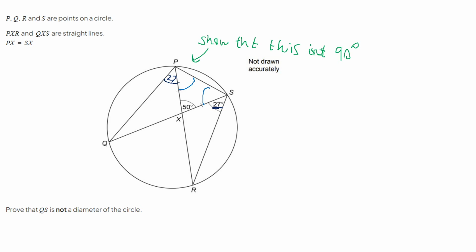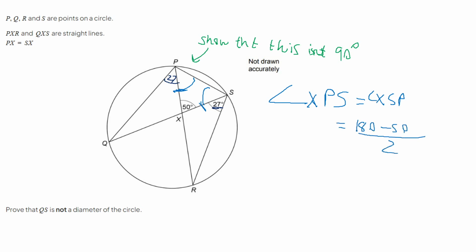Well, remember, this is equal. So therefore, angle XPS is just going to equal XSP, which is just equal to 180 minus 50 over 2, which is equal to 65 degrees.